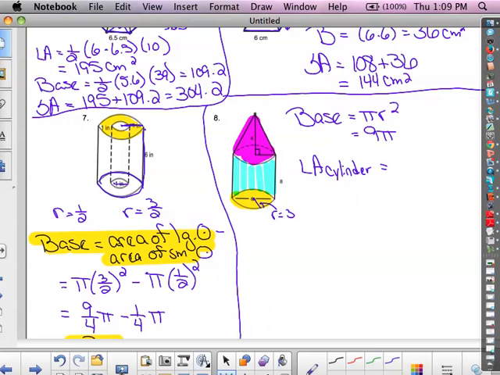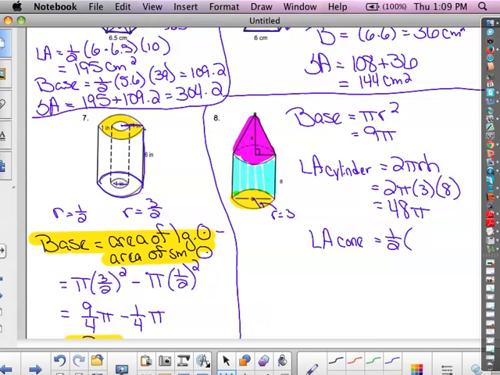Lateral area of the cylinder is 2 pi r h. So that's going to give me 2 pi times the radius 3 times the height 8. Gives me 48 pi.